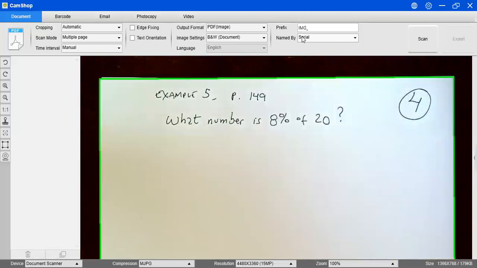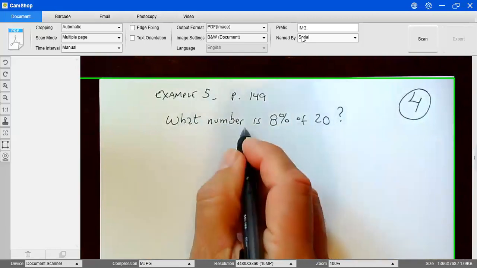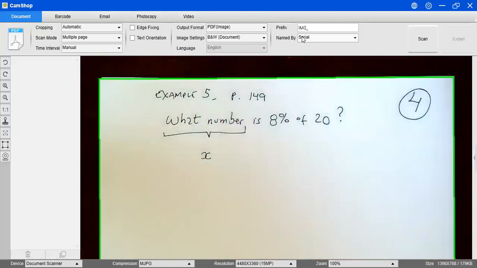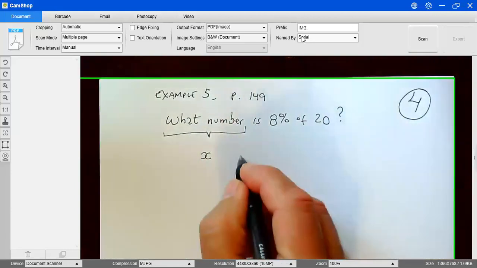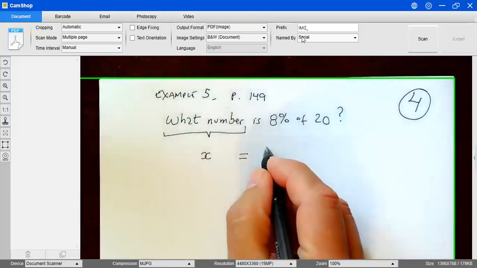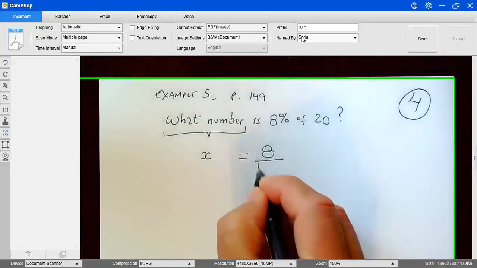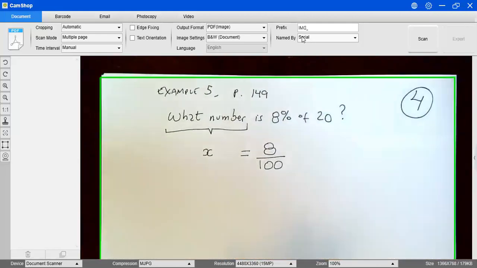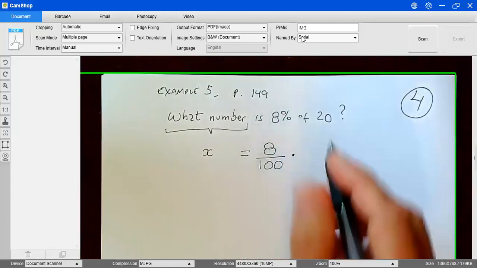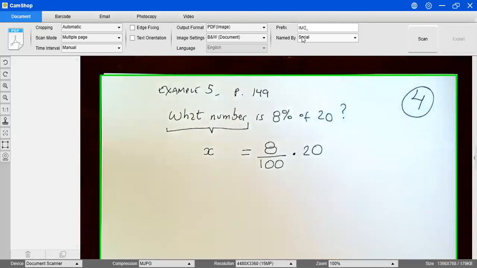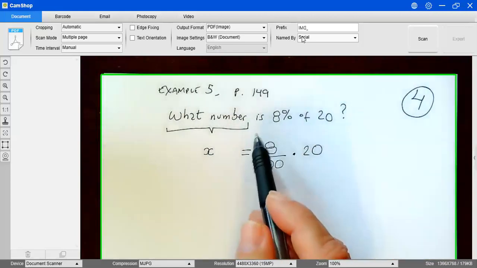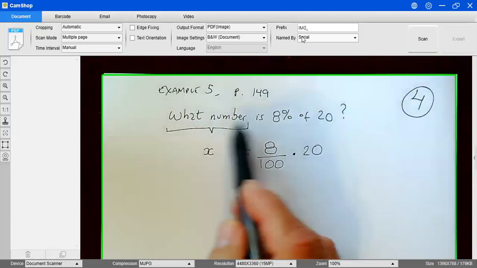So we're going to start translating this question into algebra. What number is just x, because we don't know the number yet, is the equal sign. 8% is written as 8 over 100. Of is just the multiplication operator, and then 20. So we now have an equation that is the algebraic representation of this question written in English.